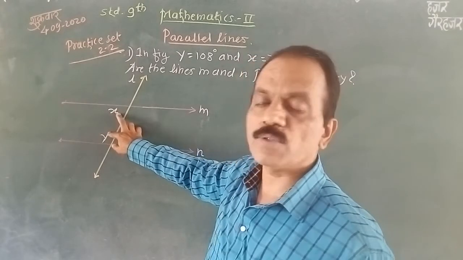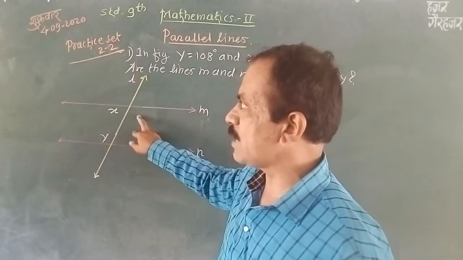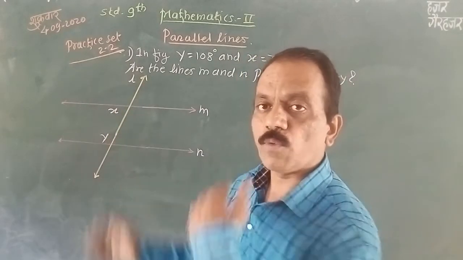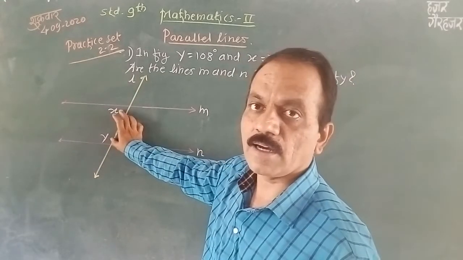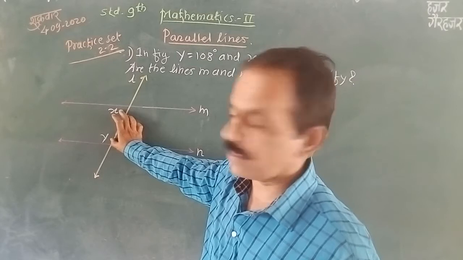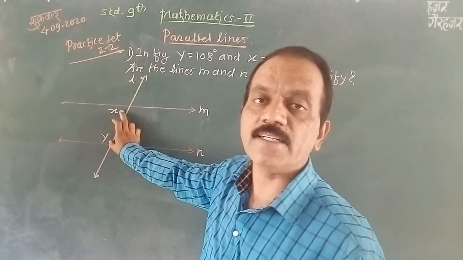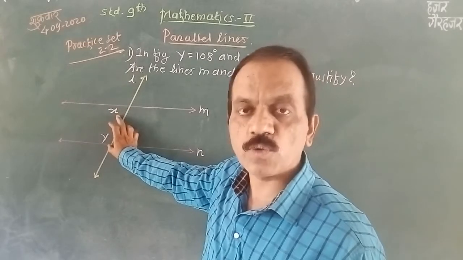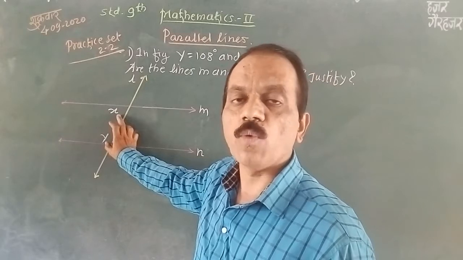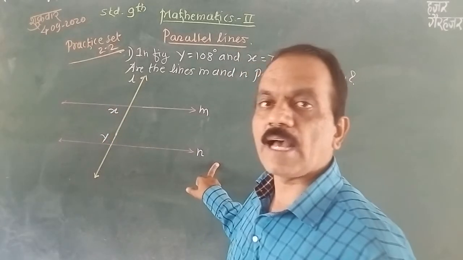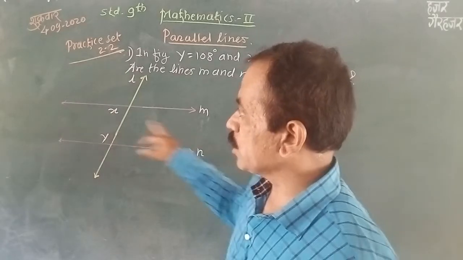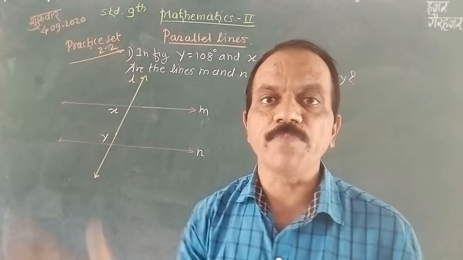The interior angles are formed by the two parallel lines and the transversal, on one side of the transversal and in the interior of the two parallel lines. The sum of these two angles is equal to 180 degrees. Then we say that these two lines m and n are parallel lines. Otherwise these two lines are not parallel lines.